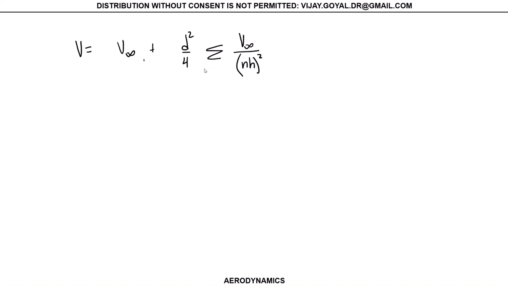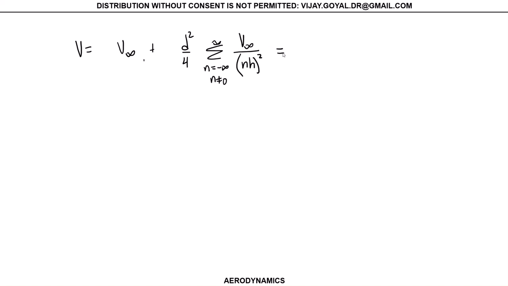Your n has to go from minus infinity to infinity, and just note that n cannot be 0, so we skip that value. All the other values are included in this summation.